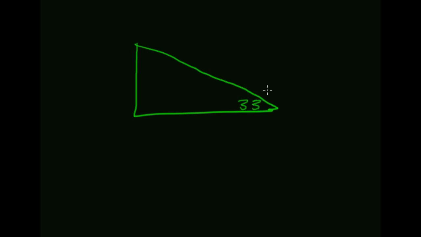Okay, so we're going to work another sine example, and this time we're going to get different information, right? So this is still going to be 33 because we're just keeping things simple here, not complicating things. The length of the opposite side is going to be 6, but I don't know how long the hypotenuse is.